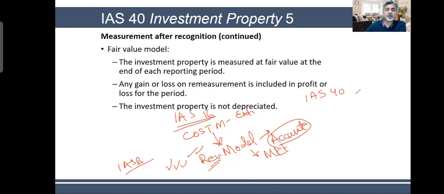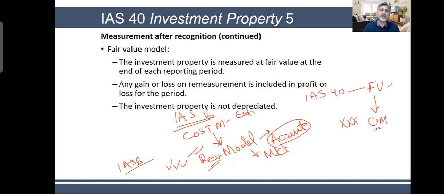Under IAS 40, you have it at the fair value model. And then you say, I want to move to the cost model. You want to make a switch to the cost model. That is actually not really appreciated by the auditors and by the standards, because the cost model is supposed to be less realistic and less accurate.